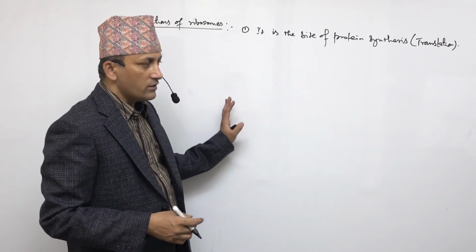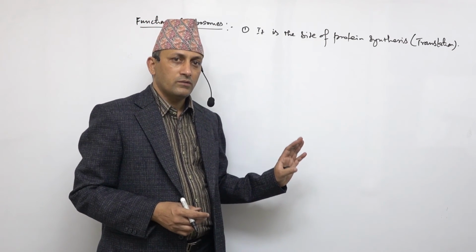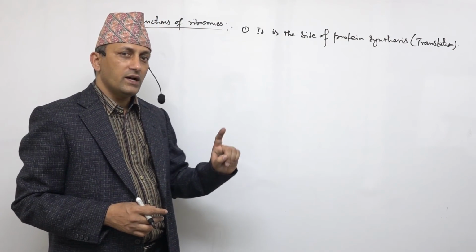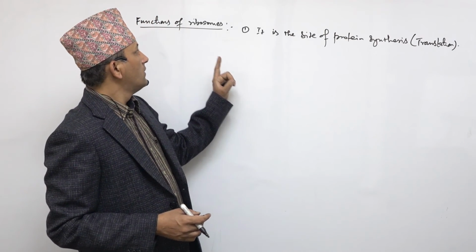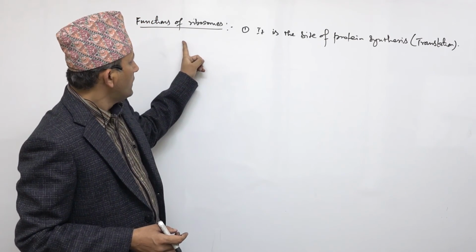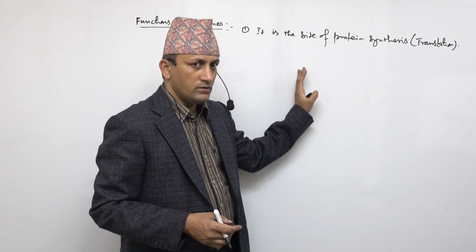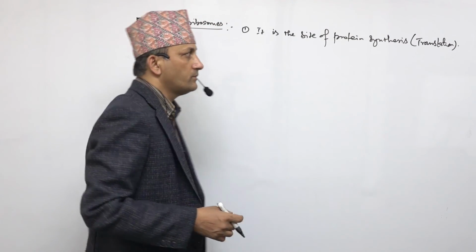And the proteins are formed by the help of or by the RNA. Protein के ले बनाउँछ भनेर भन्नु पर्यो भने चाहिँ RNA ले बनाउँछ भन्नुपर्छ, कहाँ बन्छ भनेर भन्नु पर्यो भने चाहिँ राइबोसोममा बन्छ. That's why it is the site of protein synthesis. It is the place inside the cell where translation process occurs.